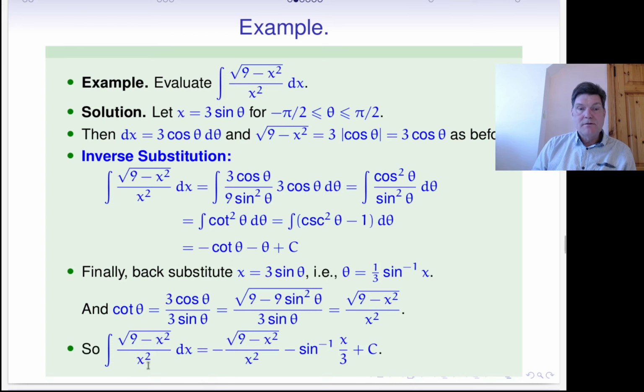So in the example, the x squared plus 4 is the square of 2. So the table suggests the substitution x equals 2 tan theta.